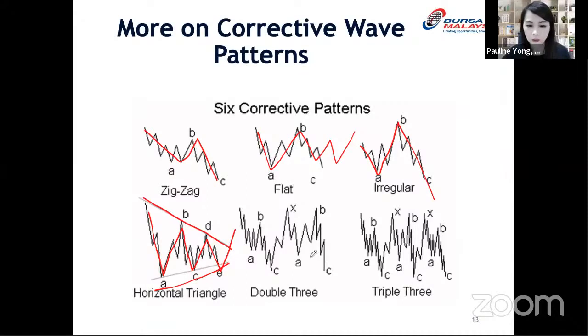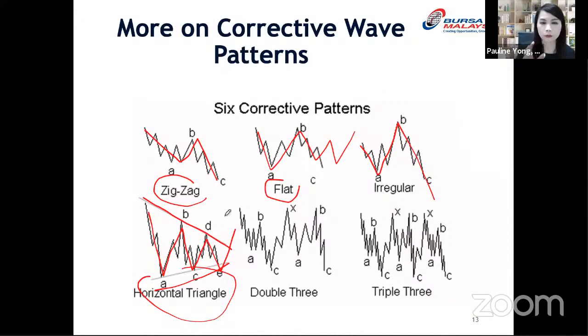So double 3 or triple 3 are all combinations of these variations. But the main ones are the zigzag, the flats, and the horizontal triangle. These will be the 3 major corrective patterns that we are going to look at.